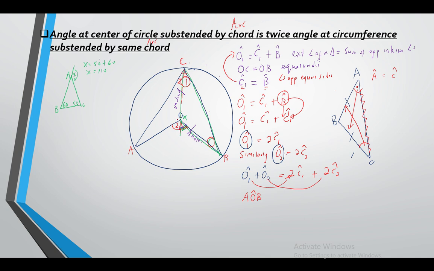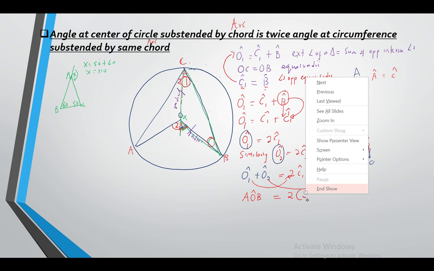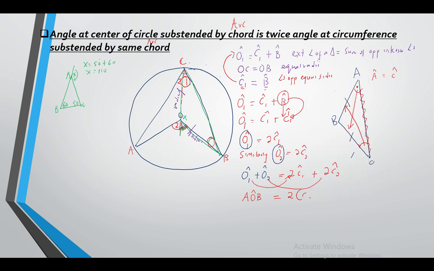We say AOB, the angle O, equals 2, you factor out, you take out 2 as a common factor. So you say C1 plus C2, which means that the angle AOB is equal to 2 angle C, and the theorem is proven.